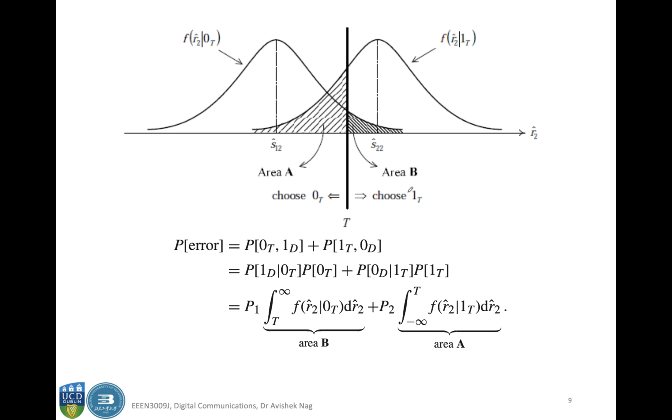Now let's see, if I want to calculate the probability of error, this can be written as this, which again we have seen before. Then this can be broken down into the conditional probabilities plus this term, which is the a priori probability, same for this one.